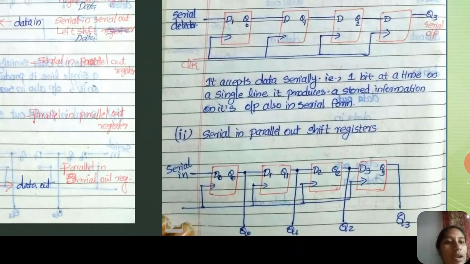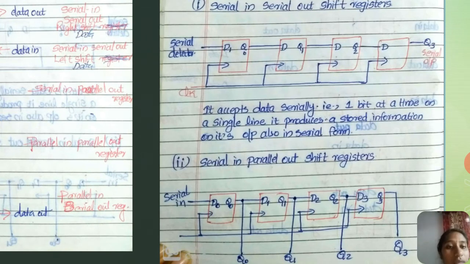Considering the serial in and parallel out shift register, you can see that the input is given in serial fashion, which means you are providing the input as D0 and getting the result Q0 parallelly. For the second flip-flop, Q0 is moved to D1, which is the input of D1, which came in a serial fashion, and the result Q1 is taken parallelly, and the value is moved to D2 and processed.